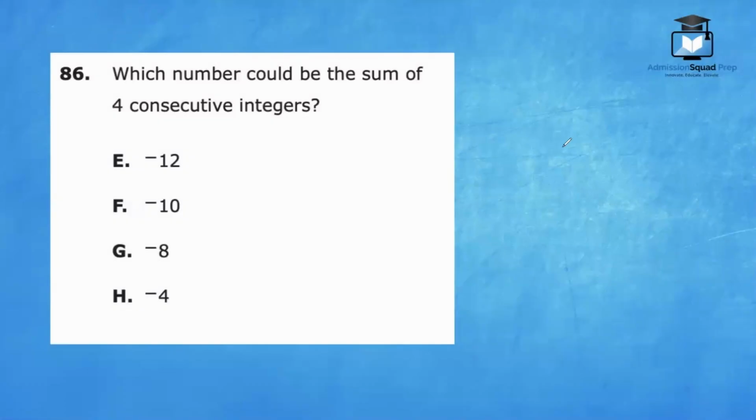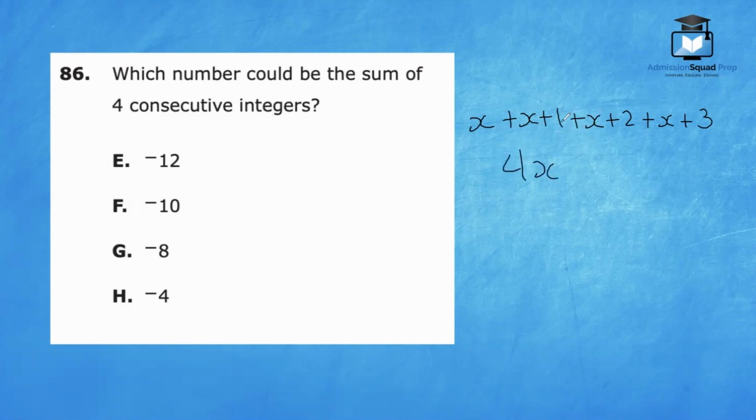Number 86. Which number could be the sum of 4 consecutive integers? 4 consecutive integers would be written as x plus x plus 1 plus x plus 2 plus x plus 3. Let's combine. x plus x plus x plus x is 4x, and 1 plus 2 plus 3 is 6.